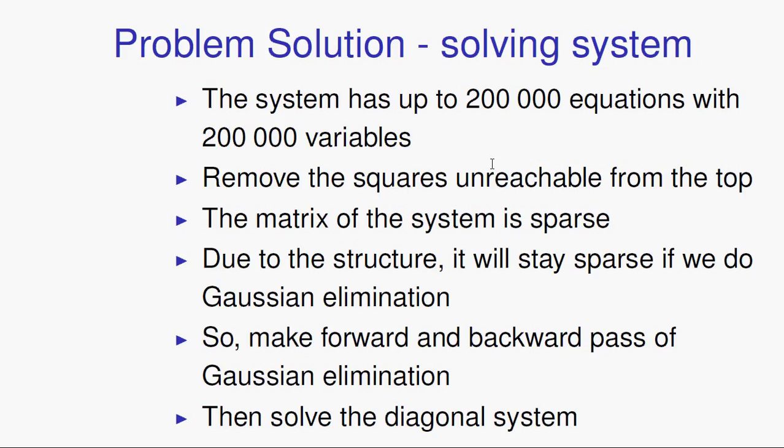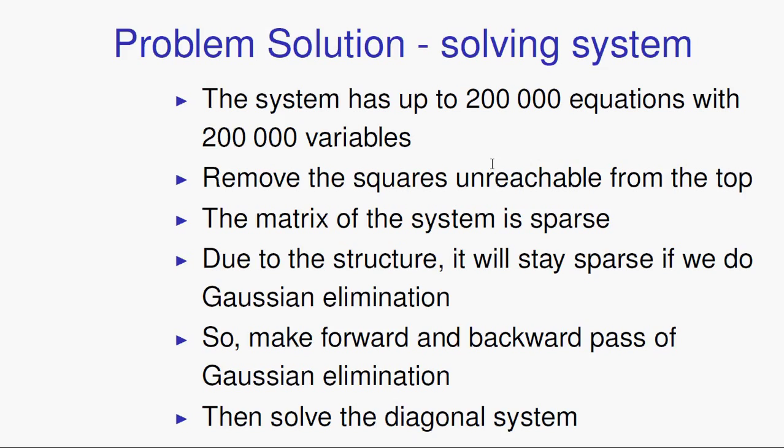And so actually we can do Gaussian elimination on this matrix, if we do it not with the square matrix which is stored as a square array, but if we store it as a sparse matrix, where we store only the non-zero coefficients, and we do all the elimination while still storing the matrix as a sparse matrix.